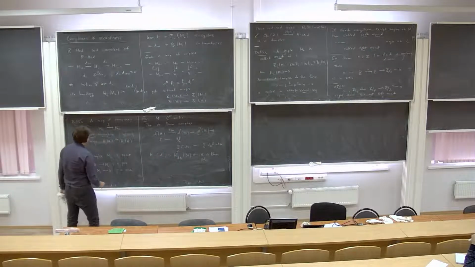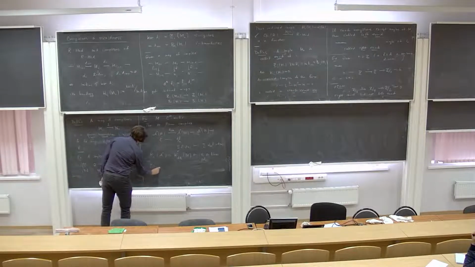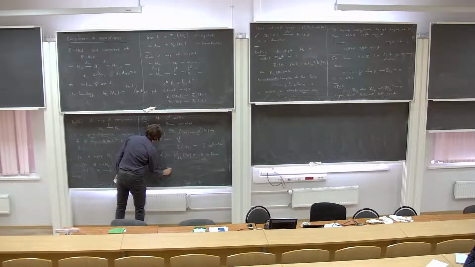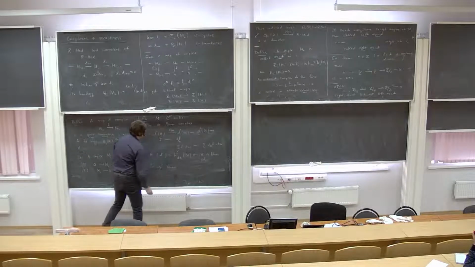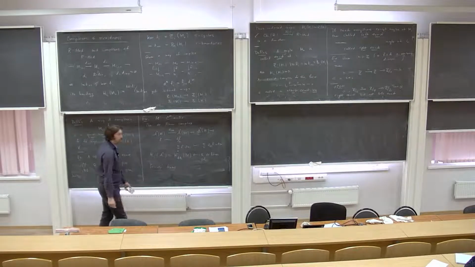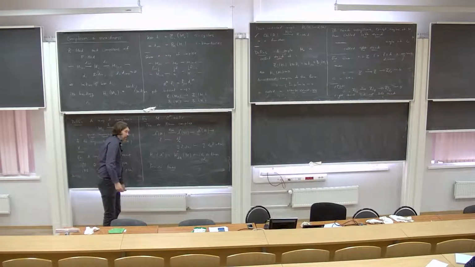And the Poincare lemma, which was one of the basic things you prove about differential forms, says that on sufficiently small open subsets of M, the de Rham complex is exact.